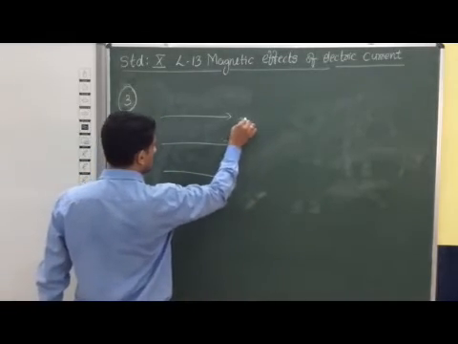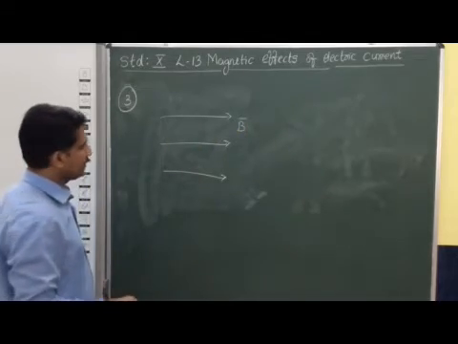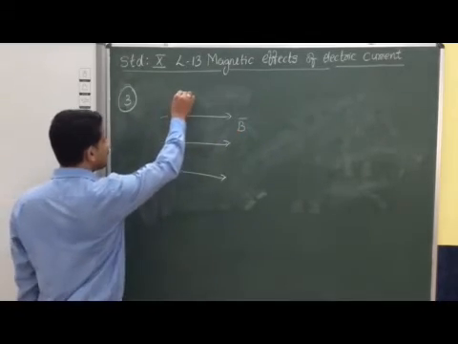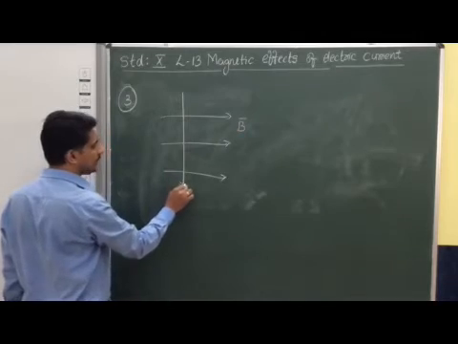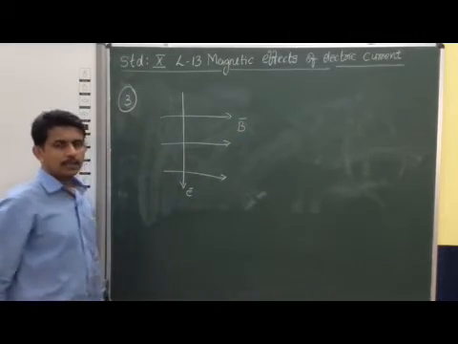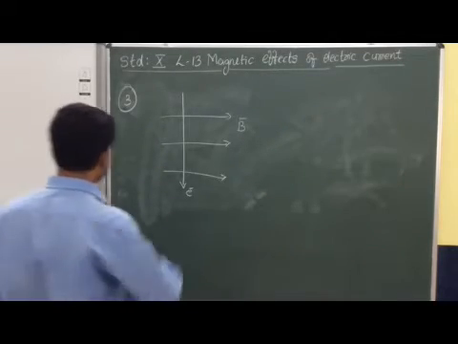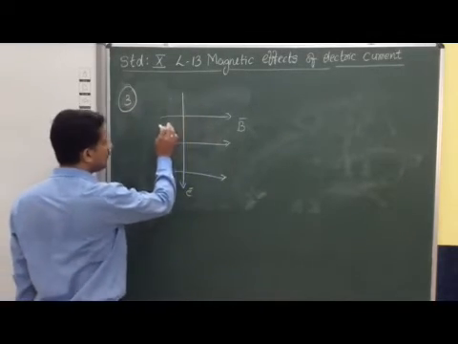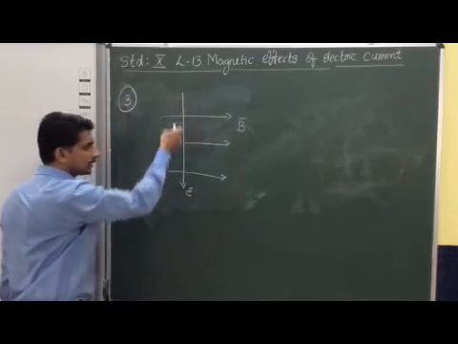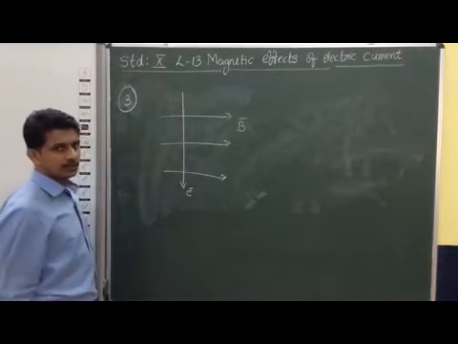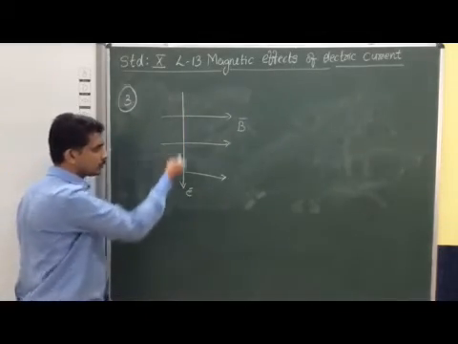I am representing the magnetic field by a capital letter B, and an electron is entering perpendicular to this magnetic field. You can see that this electron is entering perpendicular to this magnetic field. So this is the direction of the electron.